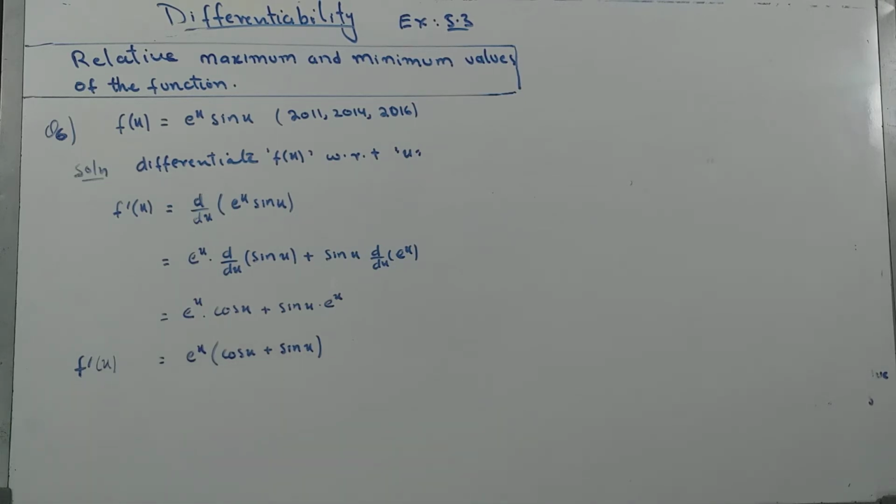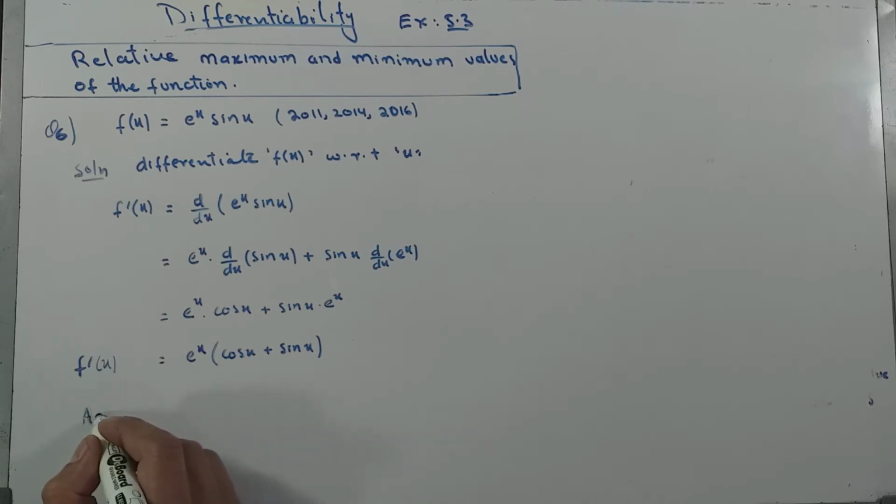Now to find the values of x for the maximum or minimum points, because here we have cos x and sin x, we need to find the value of x for f'(x). We put f'(x) equal to 0 at stationary points. Let me write this.